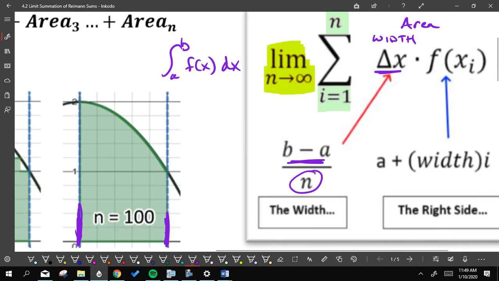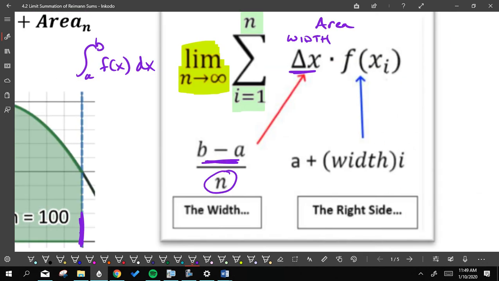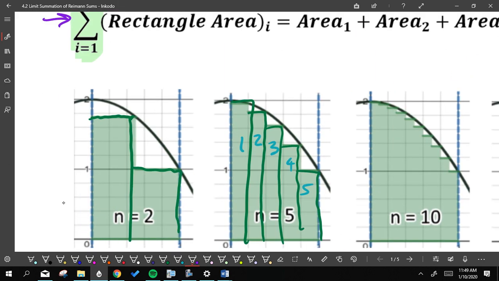So that's my width. Then I want to find the height of each rectangle. For this rectangle right here, how tall is that thing? To figure out how tall it is, you want to know what this x value is right here, and you're going to plug it into whatever this equation is, because that will tell you the y value. That will tell me the height.